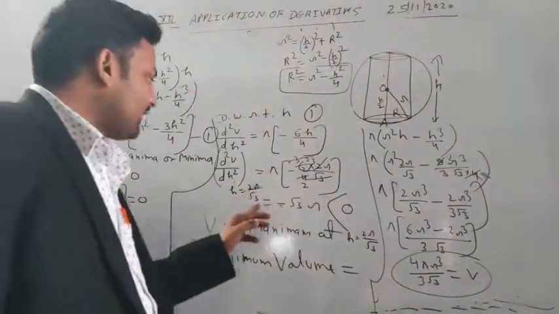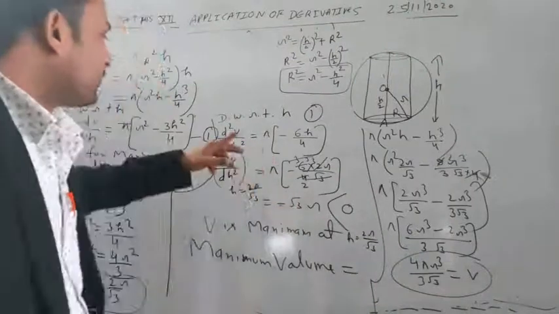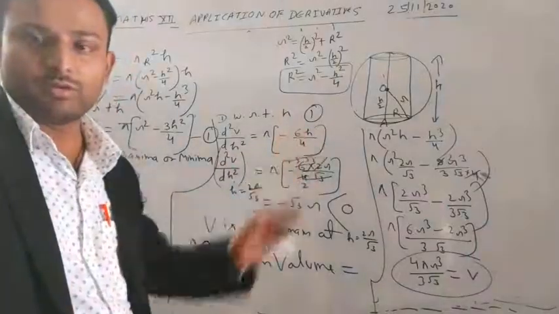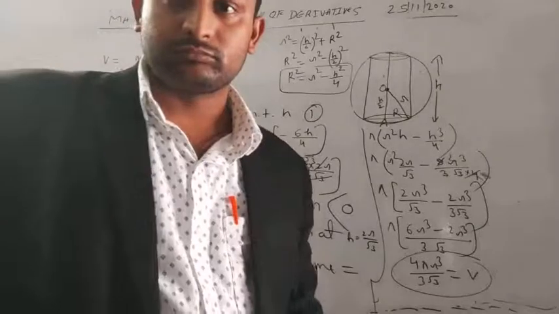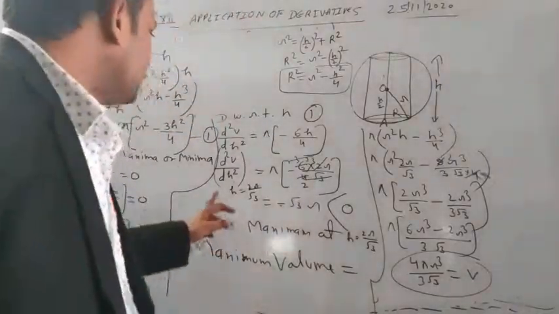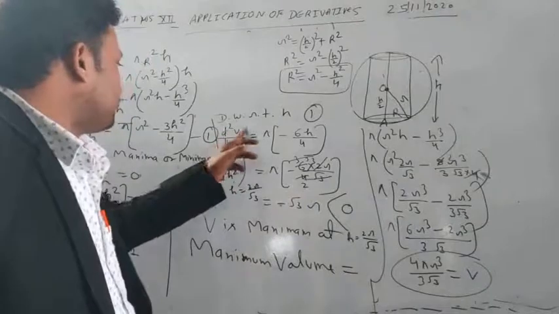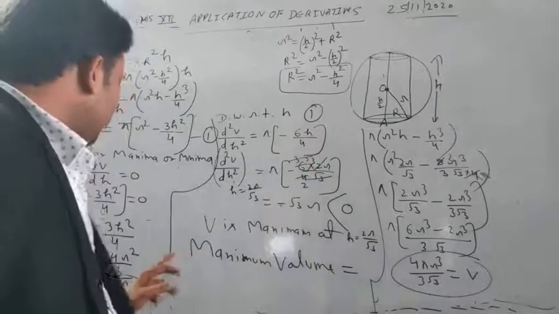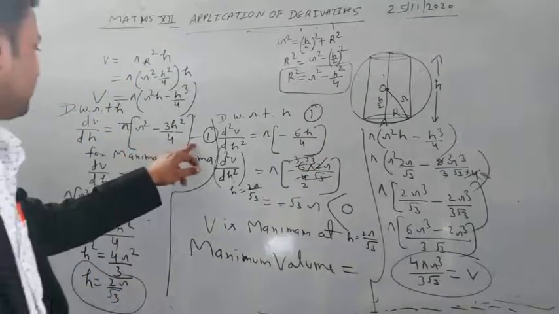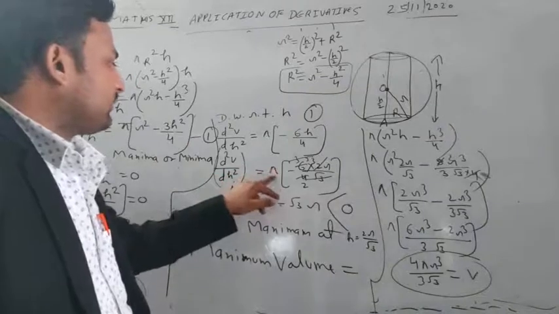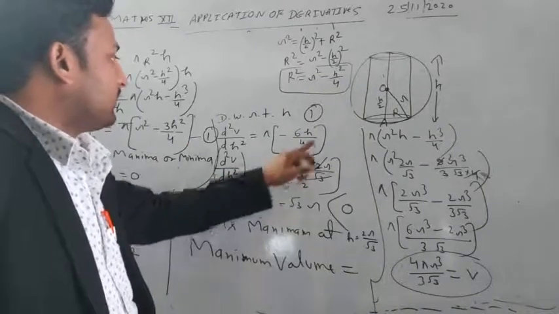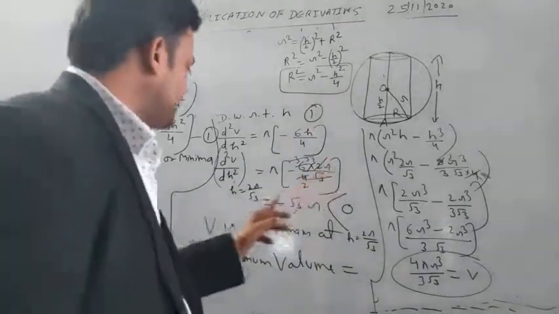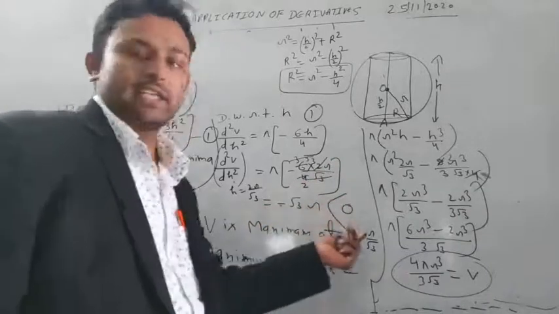Now H is equal to 2r by root 3, so d2V by dH2 is equal to pi times minus 6H by 4. Putting the value of H, 2r by root 3, we get minus root 3 r, which is less than 0.